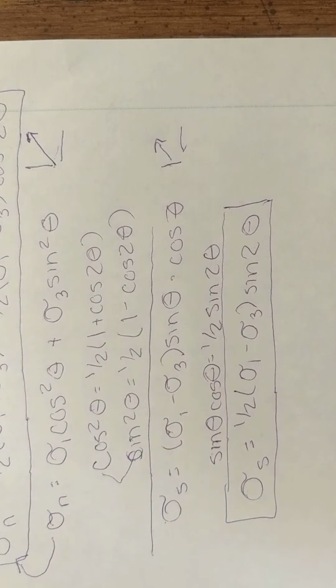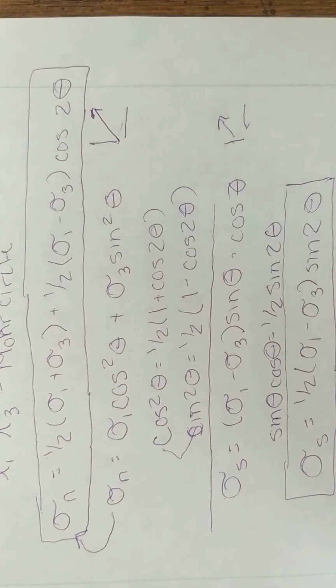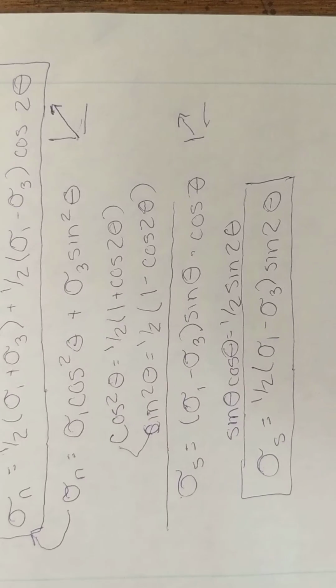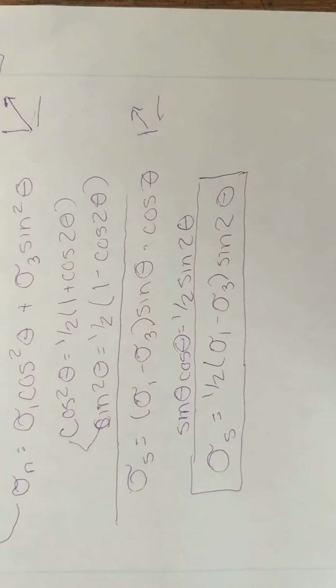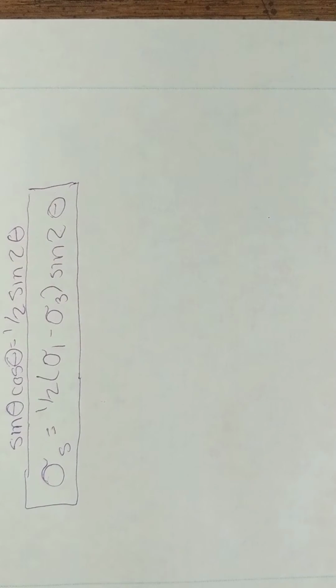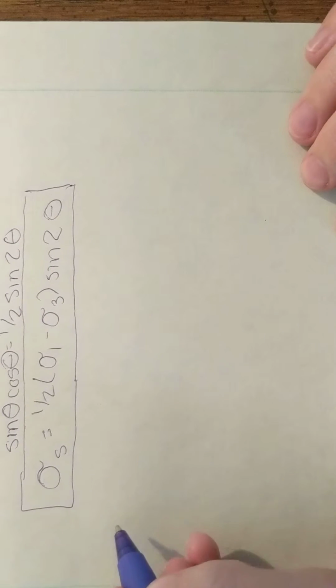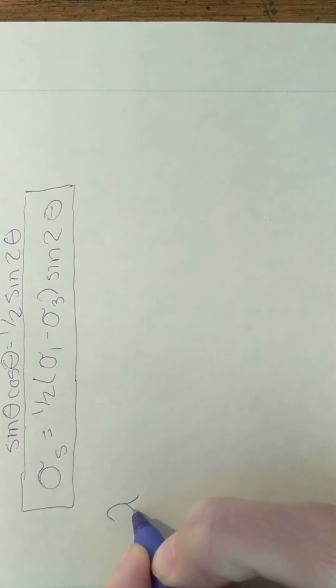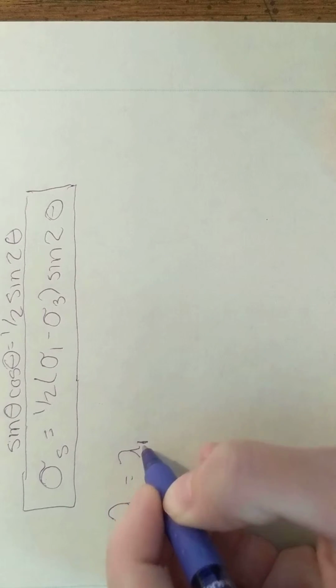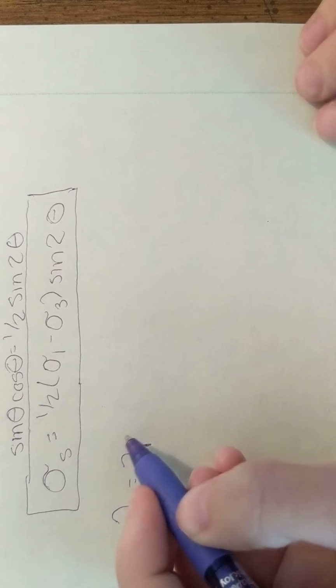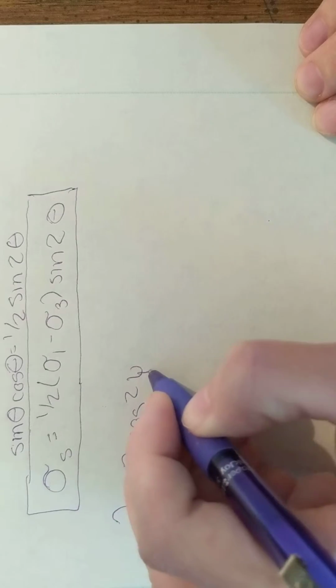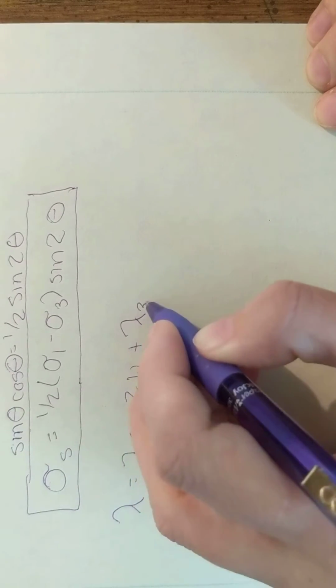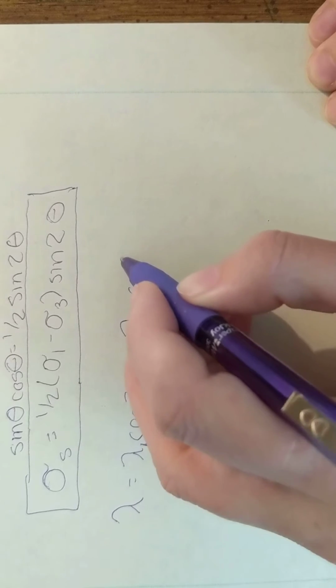Now the reason that we're going over this, right, our sigma n and our sigma s, is that now that we're looking at our deformation, we're basically doing the same thing, we just have different terms for this. So we are going to have our lambda, which is going to be part of our Mohr strain circle, and that's going to be our lambda 1 cosine squared of our theta plus lambda 3 sine squared of our theta.